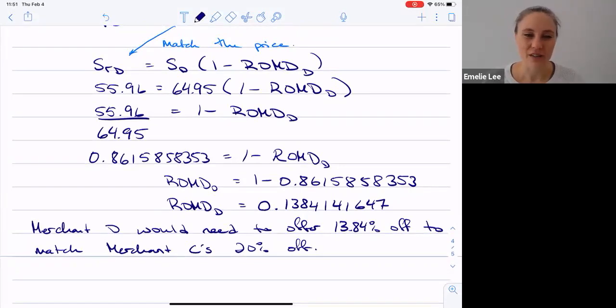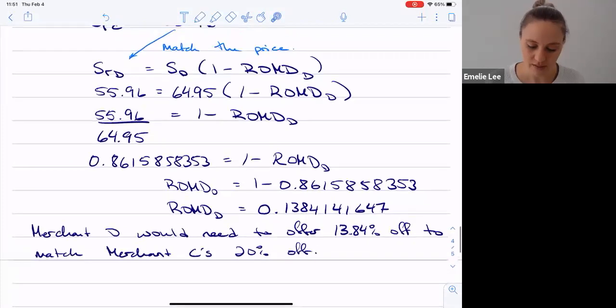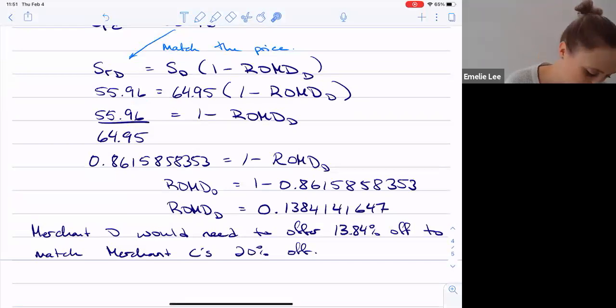Good. Okay. If I asked you to find the amount of the discount that merchant D would have to offer, well, if the original price is $64.95 and the reduced selling price is $55.96, the amount of the discount is just $64.95 minus $55.96, which is $8.99.